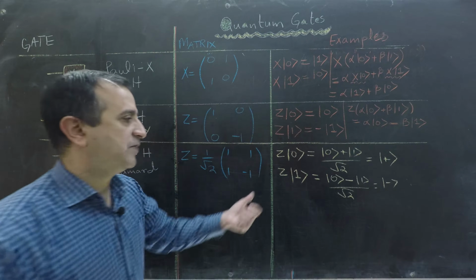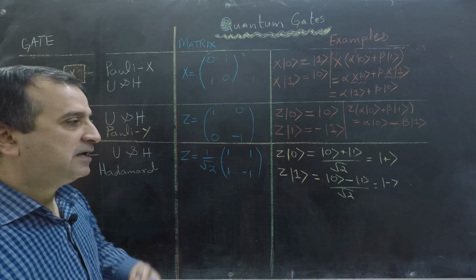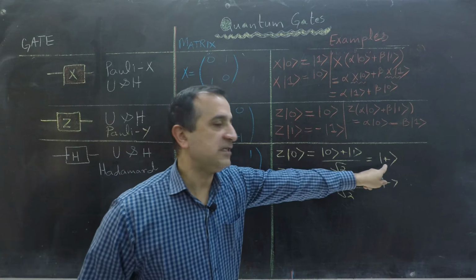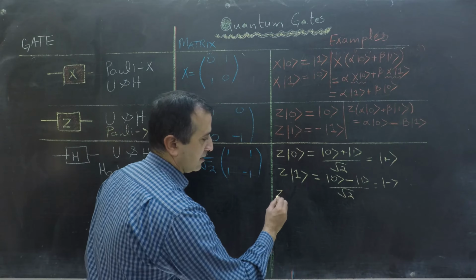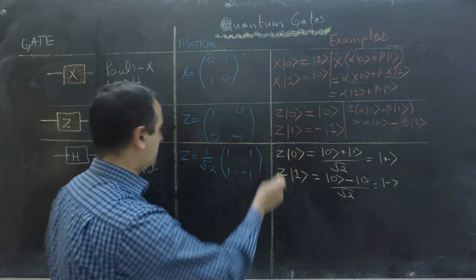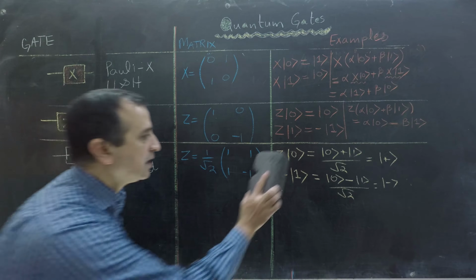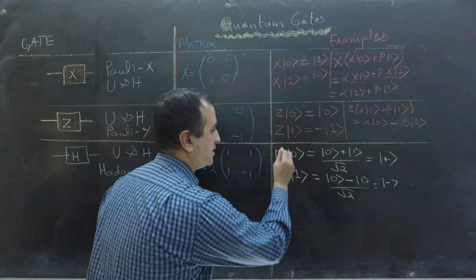Now this gate is reversible like all the quantum gates because it is Hermitian, so it is reverse of itself. So if I put another Hadamard gate on this output, my result will be ket 0. So Hadamard and Hadamard.